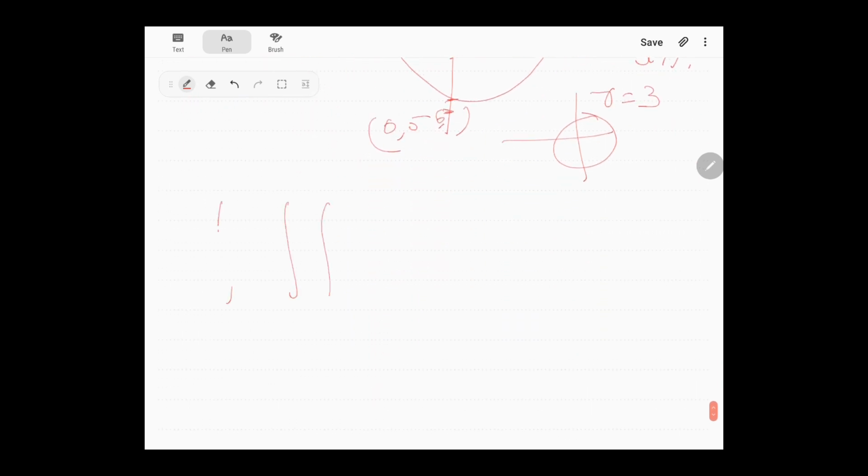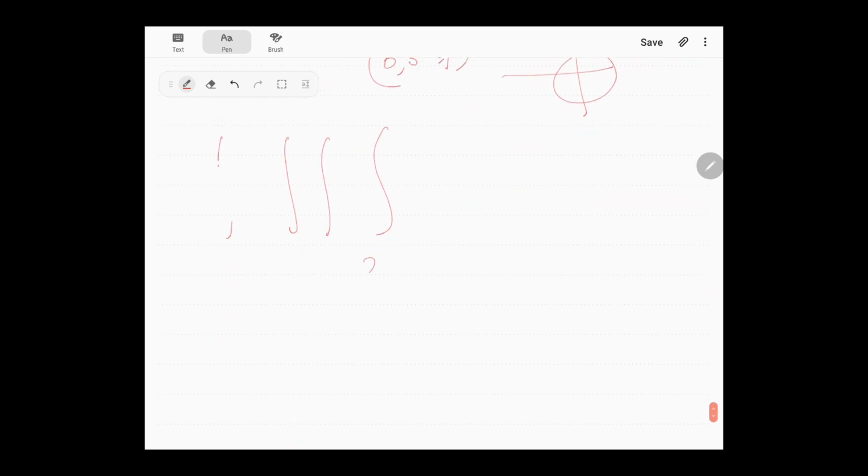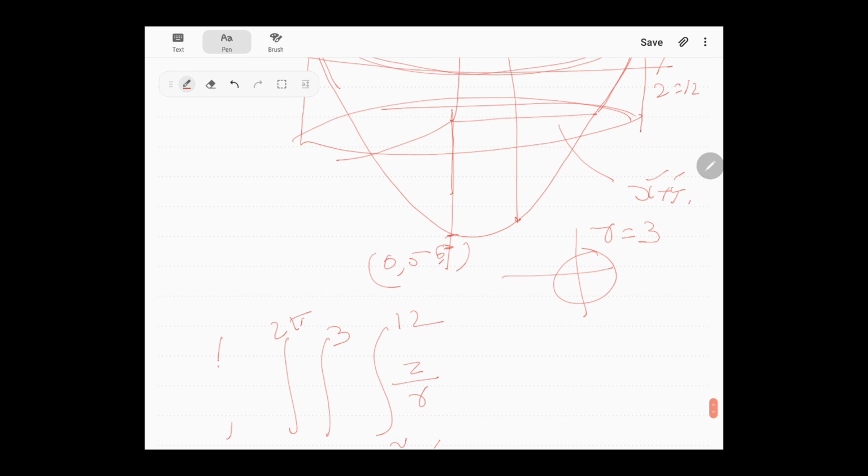Now z is varying between these two: 2 times x square plus y square, that is r square minus 6, to 12. And theta varies from 0 to 2 pi, r varies from 0 to 3, and the integrand is z by root x square plus y square, that is r, dx dy dz.